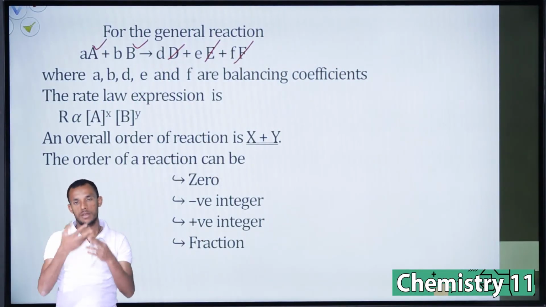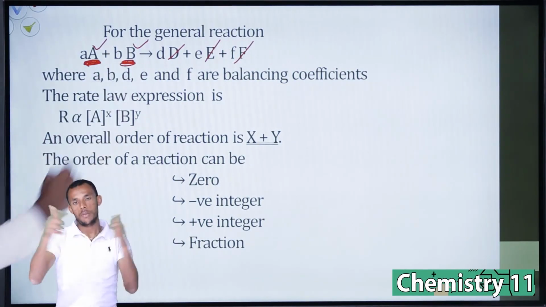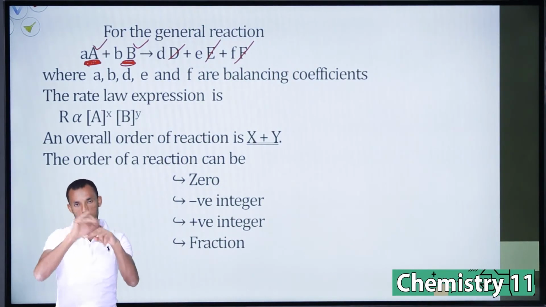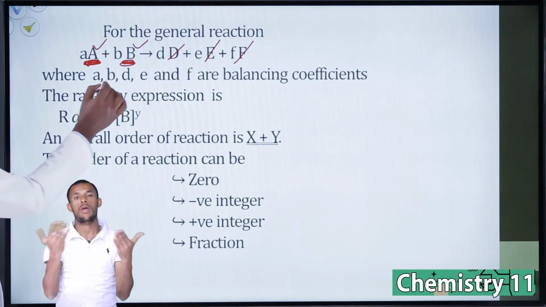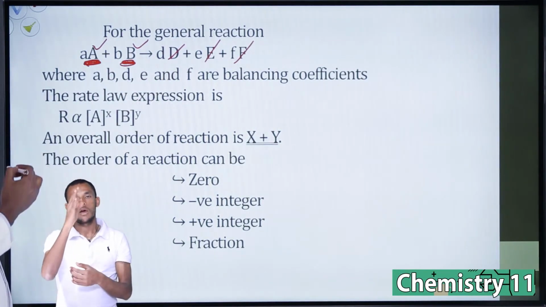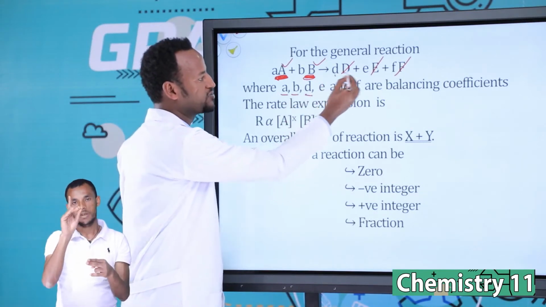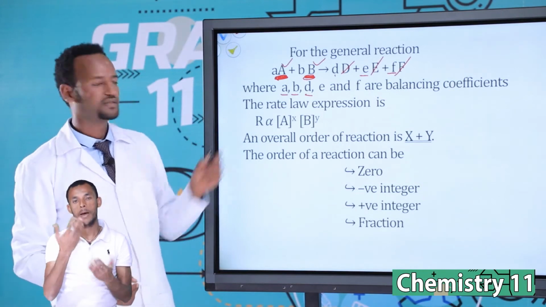The rate of chemical reaction depends on the concentrations of capital A and capital B, because rate depends on the concentrations of one or more reactants. Here small a, small b, small d, small e, and small f are balancing coefficients.